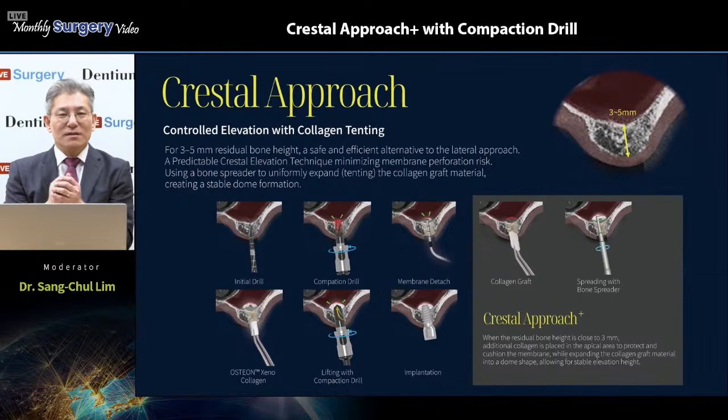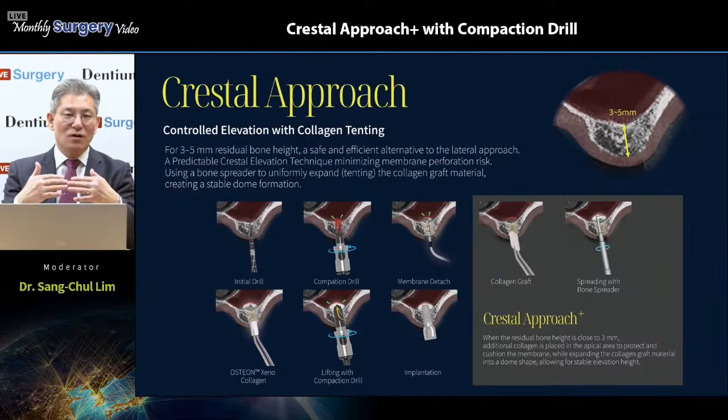So simply perforated or not doesn't matter, because after using the compaction drill, we are going to put the collagen graft. This collagen graft works to protect suspected perforated membrane or intact membrane or near perforated membrane. All of these cases are covered by using collagen graft.